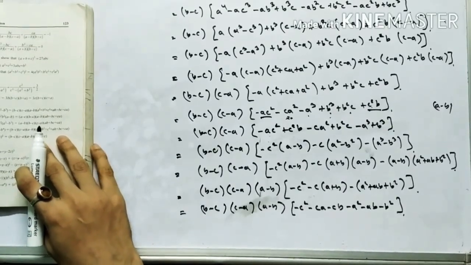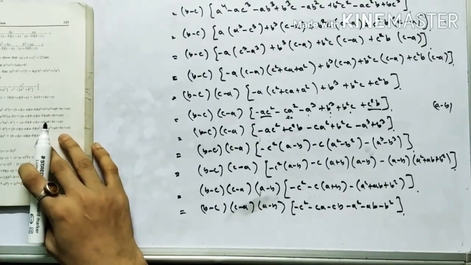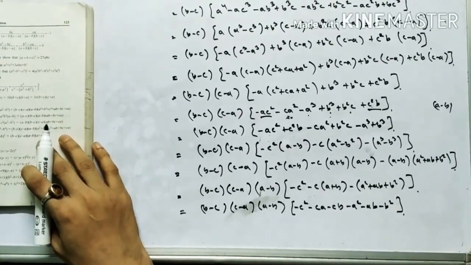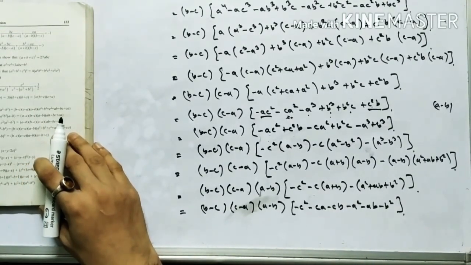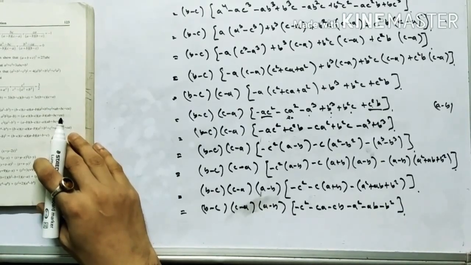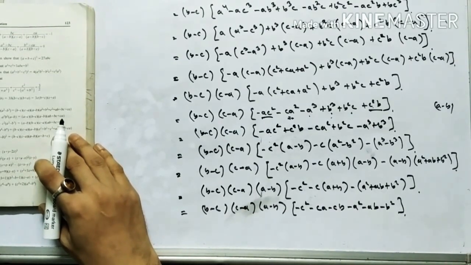So this is minus c square common, then I will get a minus b, plus c(b square minus a square), minus c common, a square minus b square minus a cube minus b cube.